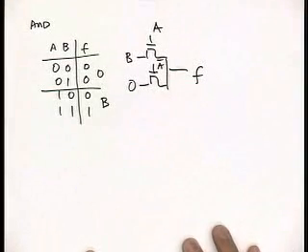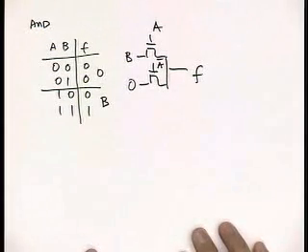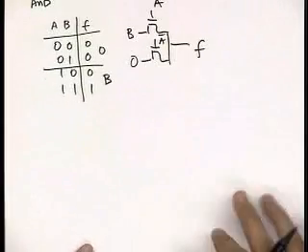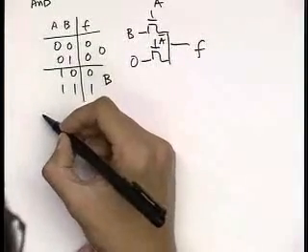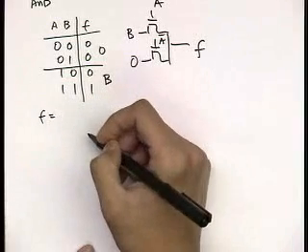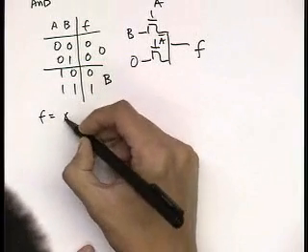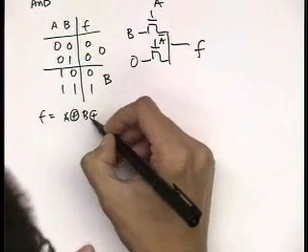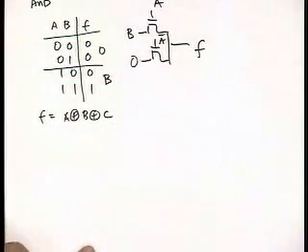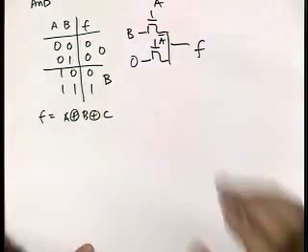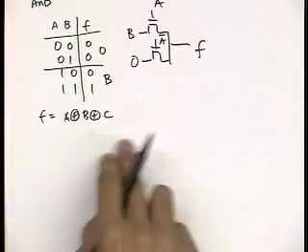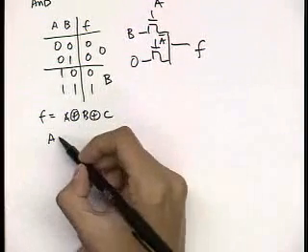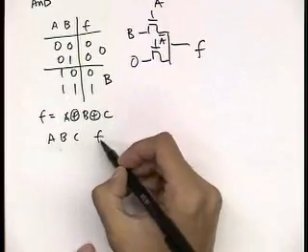So let's try a harder gate with more inputs. Let's do f equals a XOR b XOR c, 3 inputs. So what's the truth table for this? You have 3 inputs a, b, and c, and you have your output.